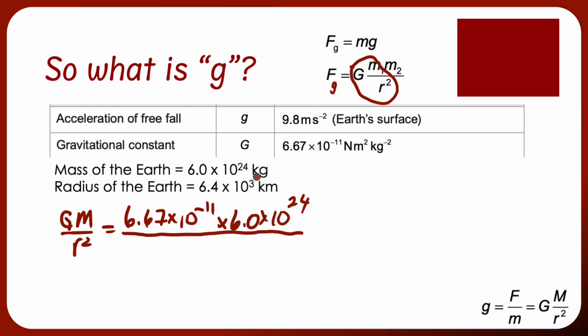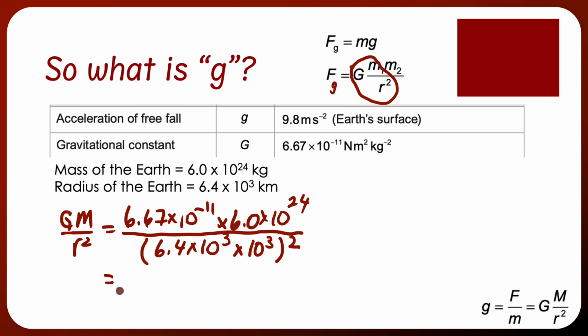Bottom, kilometers. This is a common mistake that people make. It needs to be in meters. So this should be 6.4 times 10 to the power 3, and I have to multiply that by another times 10 to the power 3 to make kilometers into meters. Another common mistake, don't forget to square.